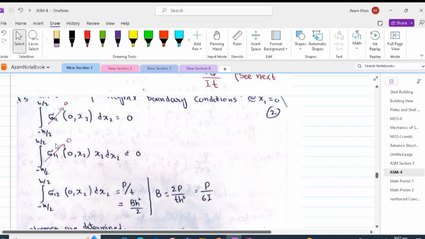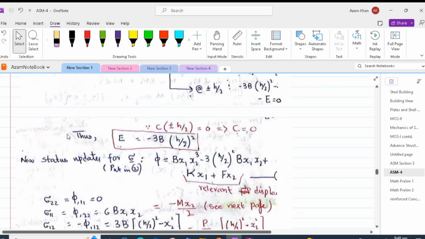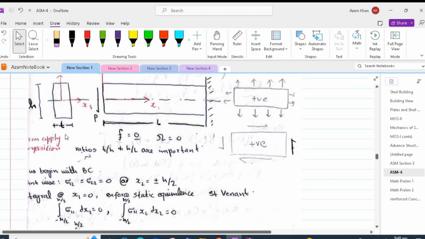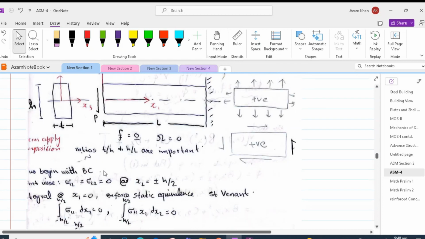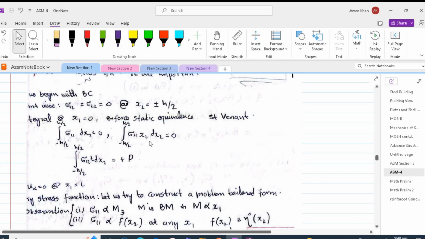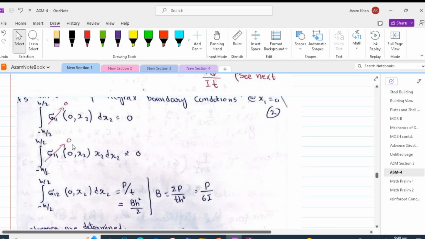This can be worked out using some additional boundary conditions. So those boundary conditions are that at x1 equal to 0, which is at the free end, our sigma 1 1 is 0. The moment about this end is 0, sigma 1 1 times x2. And at this point, the shear is equal to P. So it's the same conditions which we have mentioned over here. We can rewrite these ones, and we see that sigma 1 1 is equal to 0.